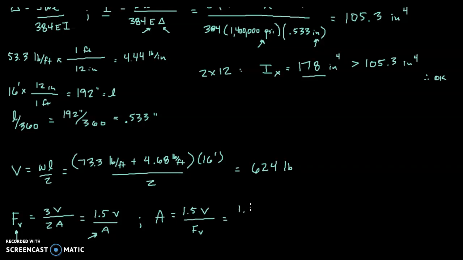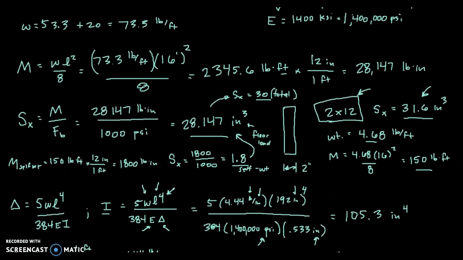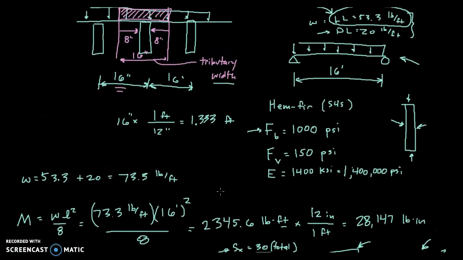So that's going to be 1.5 times 624 divided by the allowable shear stress, which we wrote down earlier. Right up here, it was 150 pounds, or I'm sorry, 150 psi.